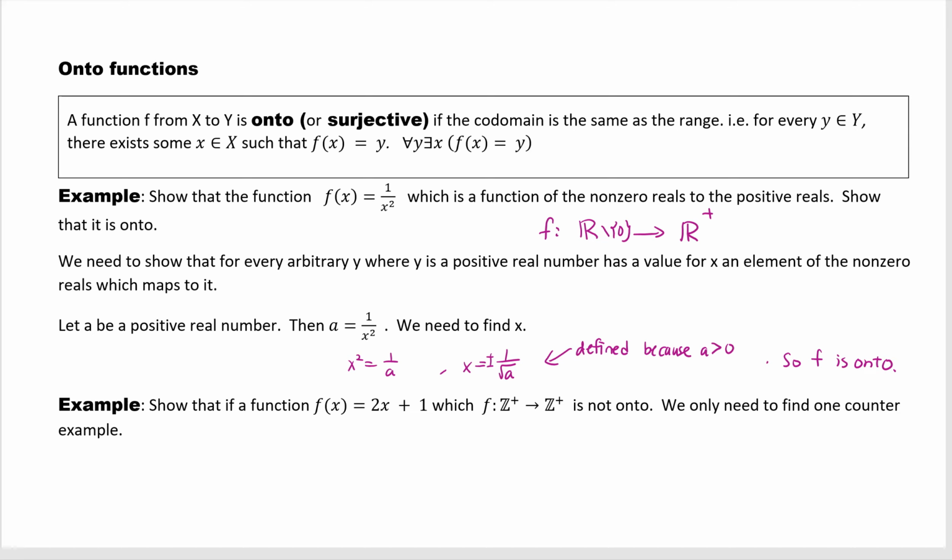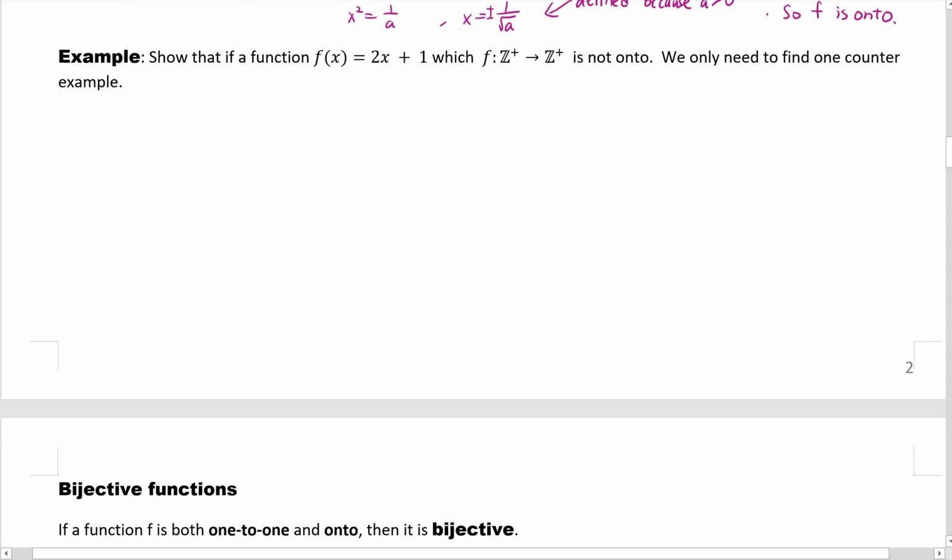Okay, let's continue. Show that the function f of x equals 2x plus 1, from the positive integers to the positive integers, is not onto.